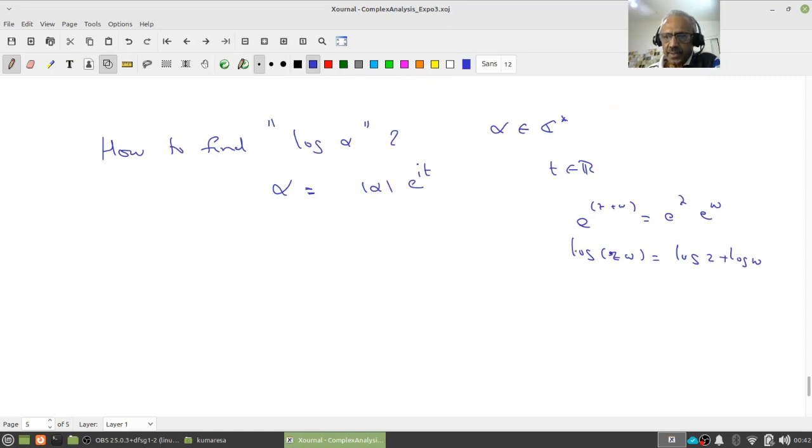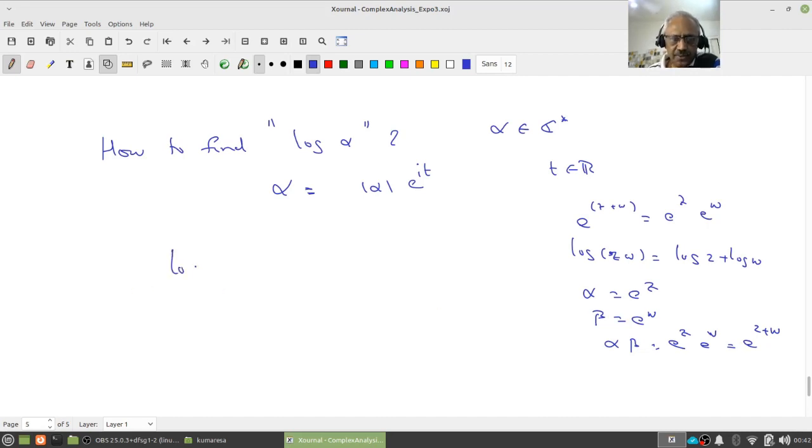Are you following? Suppose alpha is e power z, beta is e power w, then what is alpha beta? It is e power z into e power w, which is e power z plus w. Therefore if z is a logarithm of alpha, w is a logarithm of beta, then z plus w must be a logarithm of alpha times beta. Do you understand?